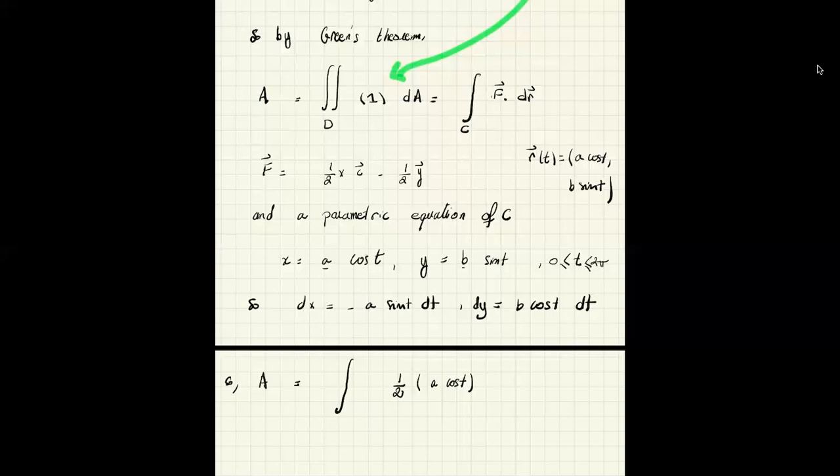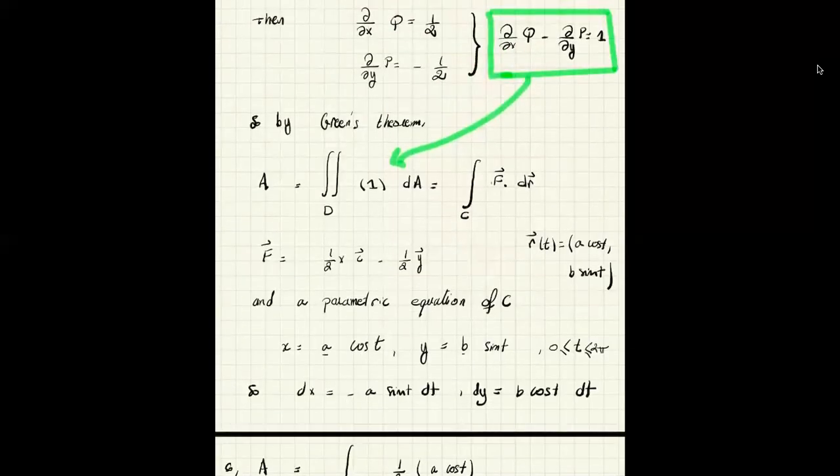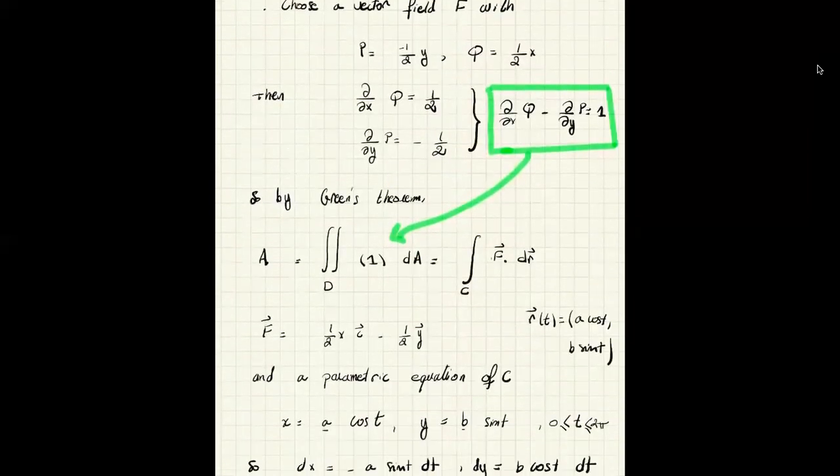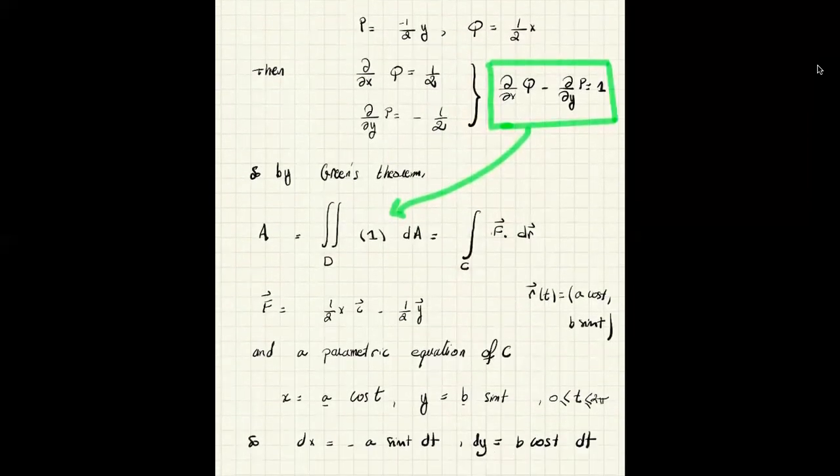Or did I do this? It's P dx. Okay, I made a mistake here. So we choose, here we go.